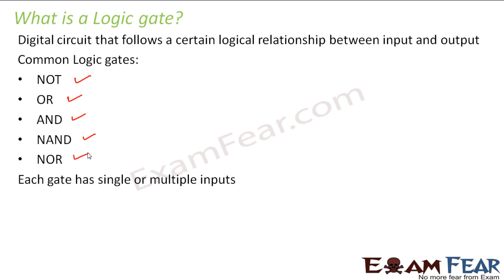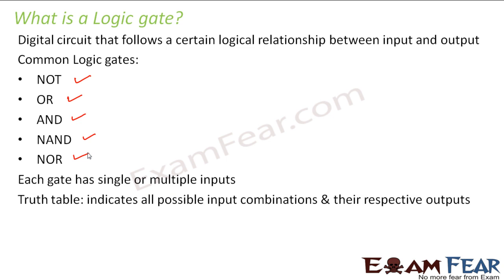So let us start. Each gate has single or multiple inputs. They can have one input, they can have many inputs, and they give one output, and that output will depend on a relationship between the inputs. Truth table. This is an important term which I need to introduce. A truth table is a table which indicates all possible input combinations and their respective outputs.